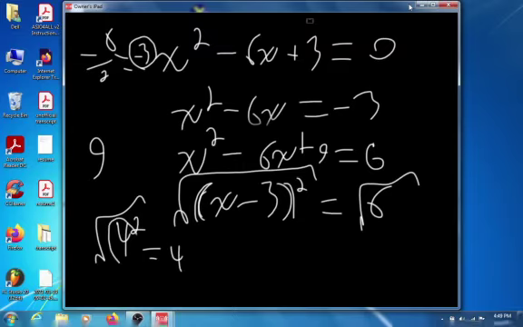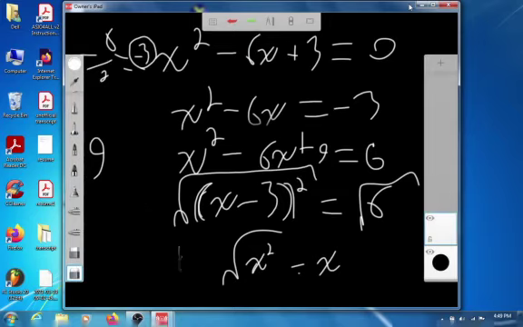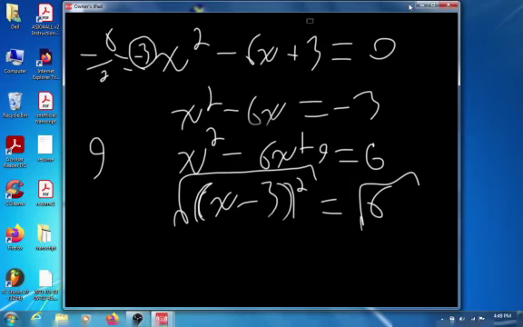You get what's underneath the radical symbol. Or if you have x squared, if you take the square root of x squared, you just get x. So the square root symbol and the square just cancel. So we get x minus 3 is equal to the square root of 6.